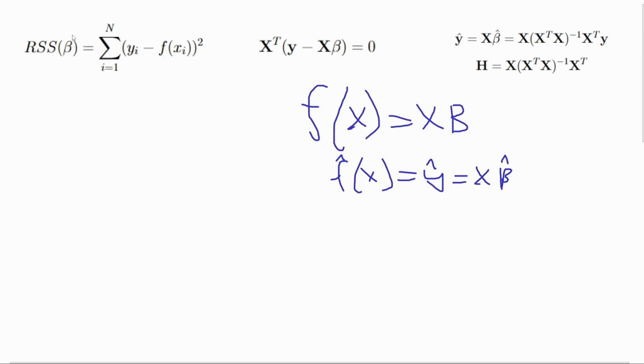So then we found the beta which minimizes the residual sum of squares, and of course that's beta hat. And so that gave us this expression after setting the gradient equal to 0 here. And then we solved for beta, which gave us this expression here. And then finally, we plug that back into this equation right here and define this hat matrix, which puts the hat on y.